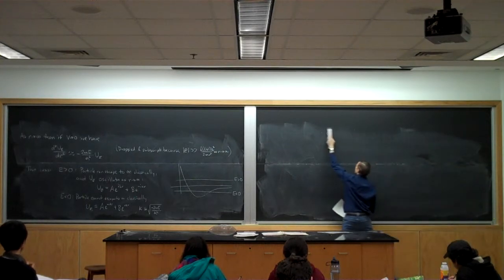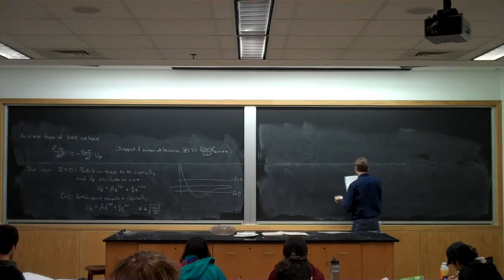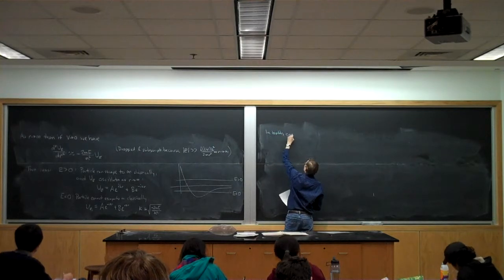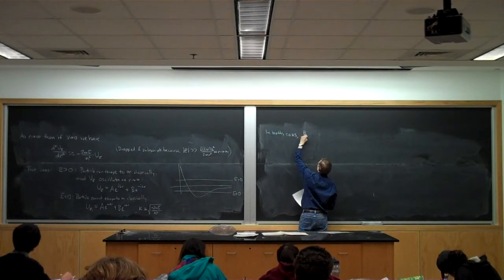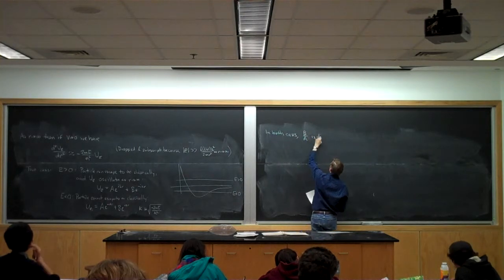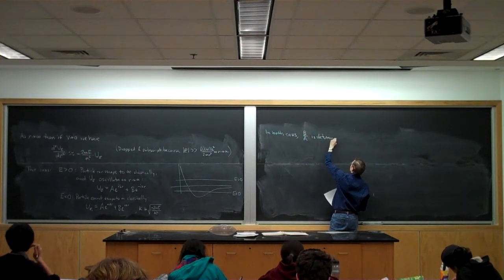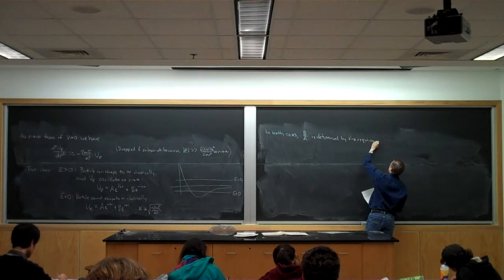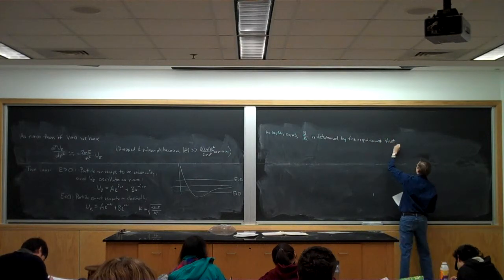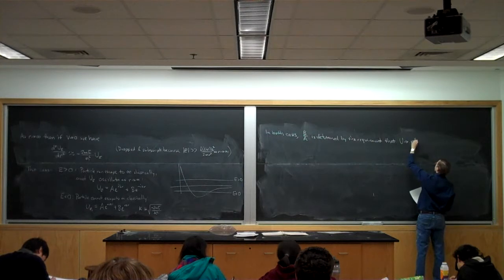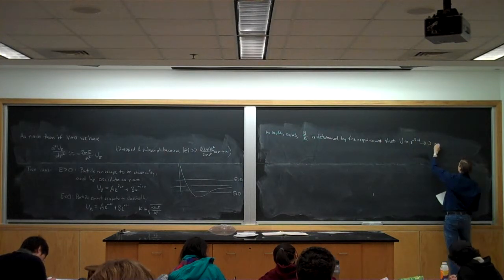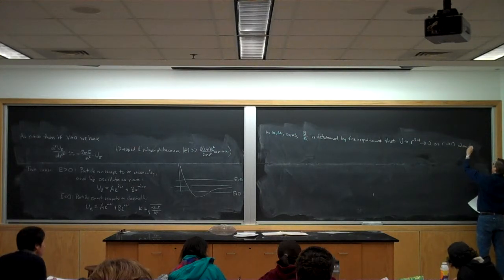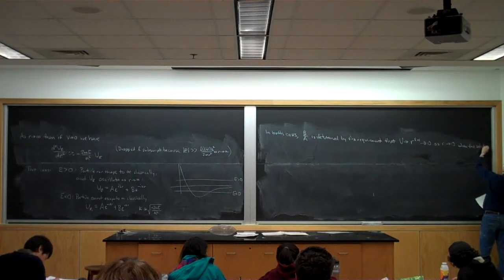This is the origin of energy quantization when E is less than 0. In both cases, B divided by A is determined by the requirement that U approaches r to the l plus 1, which goes to 0 as r goes to 0, when the solution is continued to the origin.